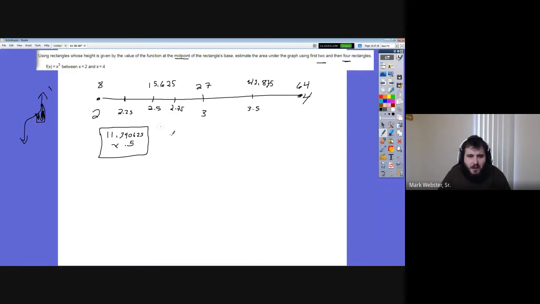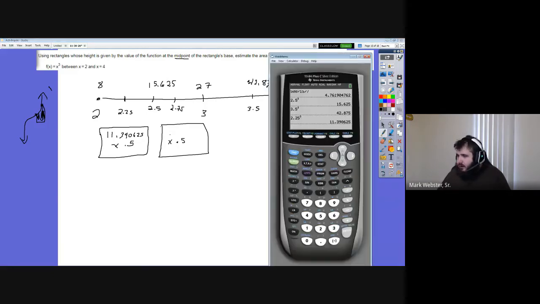Well, what's the y value for that? Because we know that our base is 0.5. What's our y value when we plug that in to 2.75 raised to the third power? 20.796875.